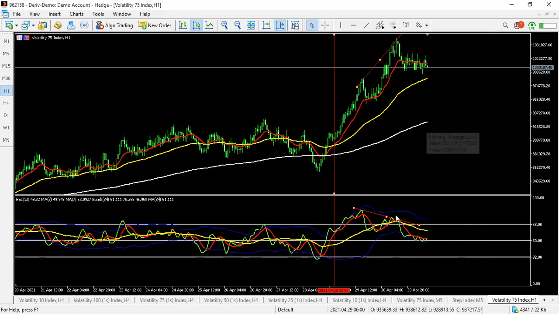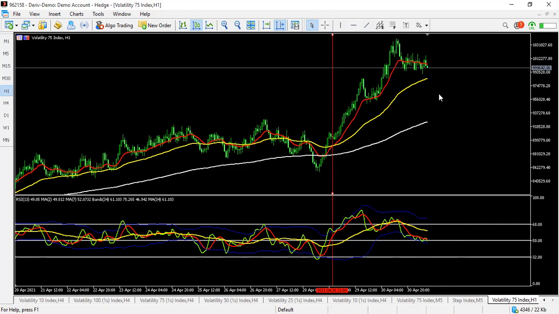So the next thing you want to do is, let me just delete all this and mark up here. From here, you want to start looking for entries to the upper side. It's that simple, using your TDI.